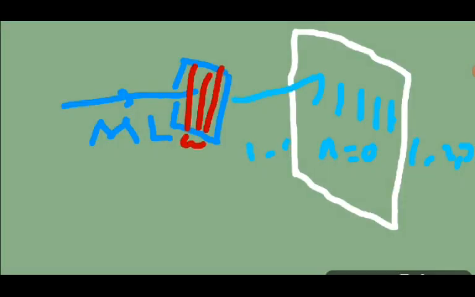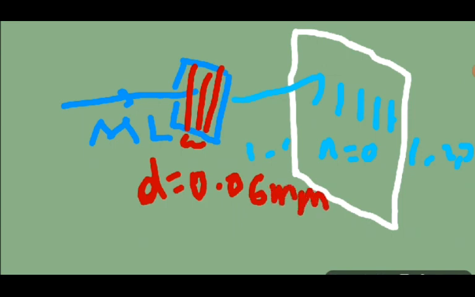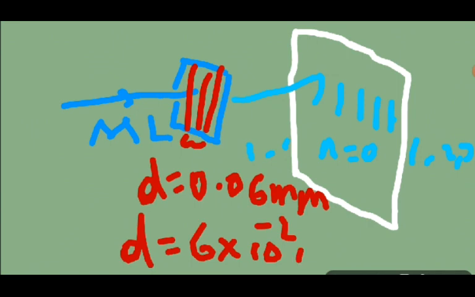Having this in mind, we have to consider the given values. d, the spacing, is equal to 0.06 millimeter. We can convert it into centimeter, which is 6 times 10 raised to minus 2 millimeter, or minus 3 centimeter. It's possible to write in such form.